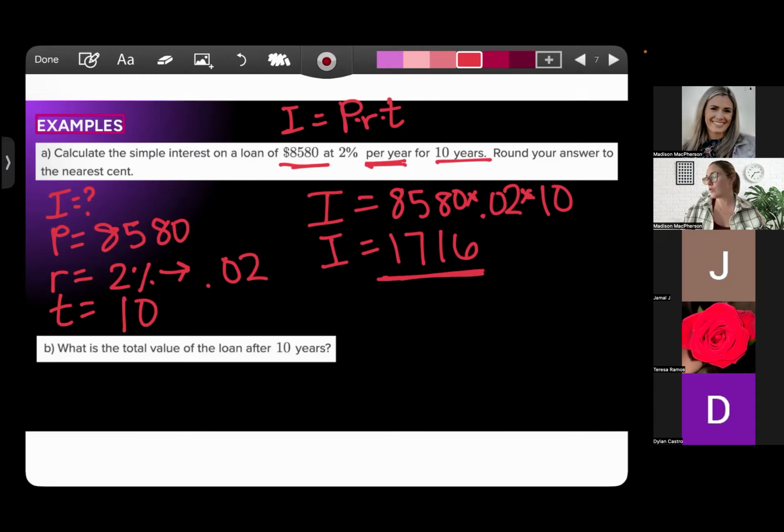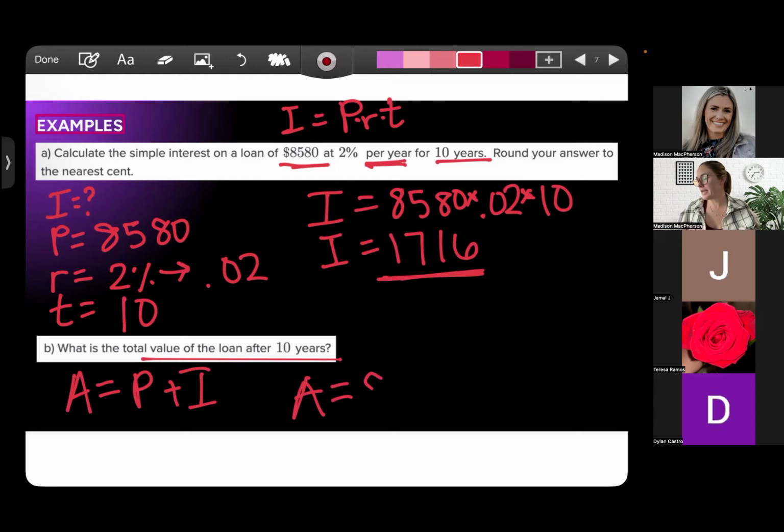So, what is the total value of the loan after 10 years? Well, remember A equals P plus I. So, it's the principal plus that interest. A is going to equal our principal amount, which is 8580, plus that 1716.